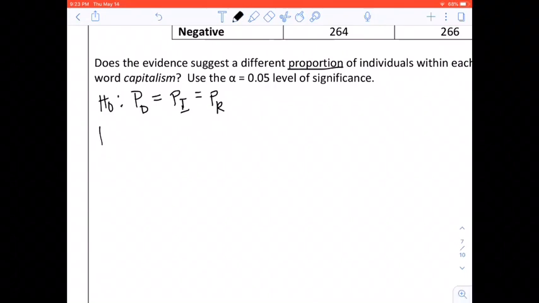And then we have our alternative hypothesis, which is always going to start off with at least 1.